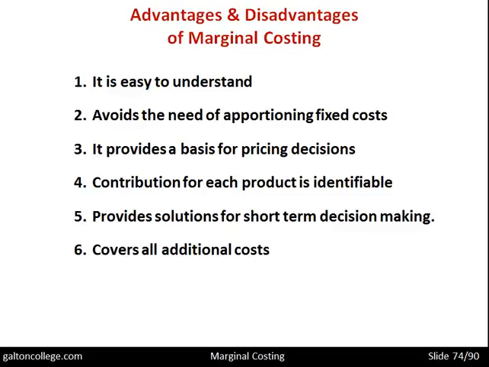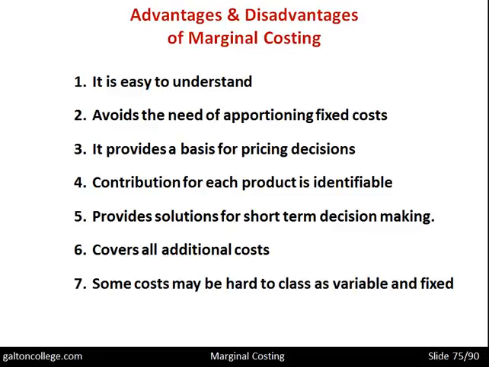Providing it's selling the product and the markup is generating the contribution that we're talking about, then it's starting to cover all of the additional costs. Some costs may be hard to class as variable and fixed. So there are issues in marginal cost pricing that need careful attention of management accountants. Some elements may be considered as fixed or variable, it depends.